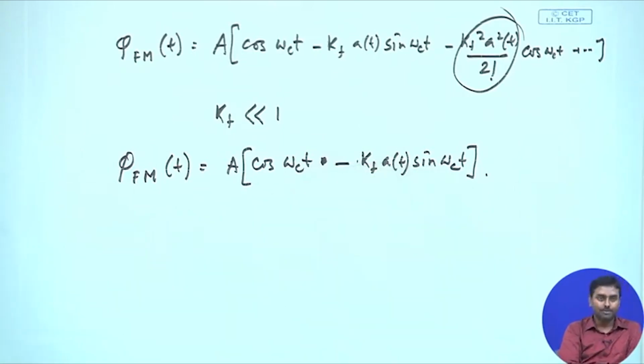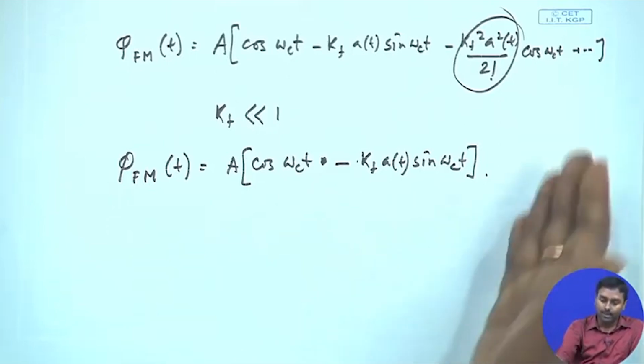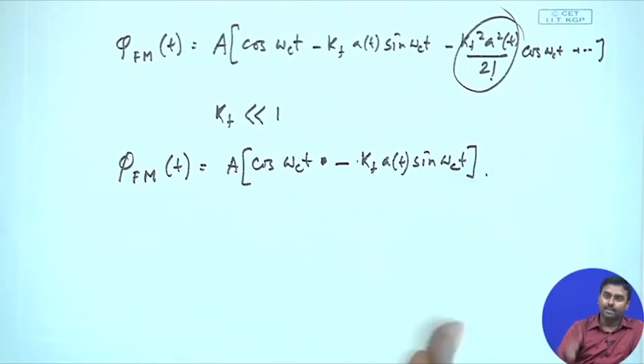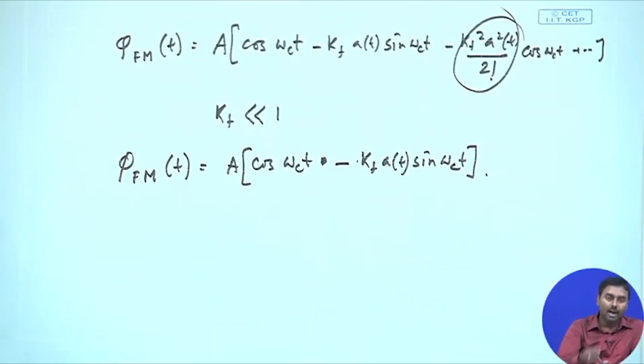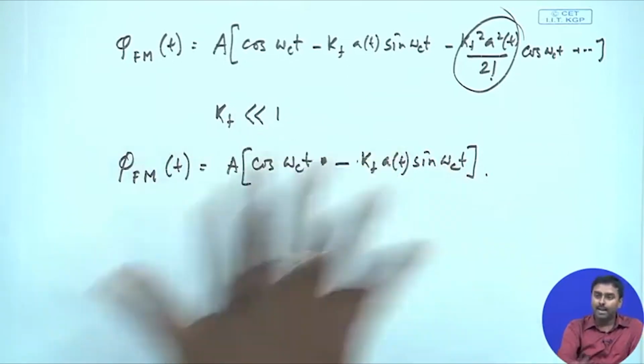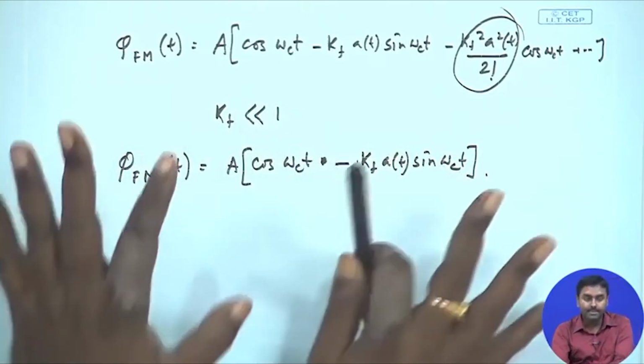But there will be some amplitude variation once we start truncating, because all those higher terms were balancing those amplitude variations. Once we truncate, however small, there will be some amplitude variation. We will also see, when generating narrowband FM, how we control that part.